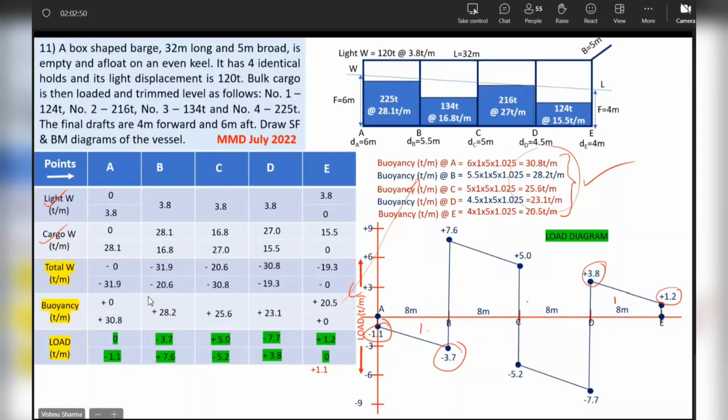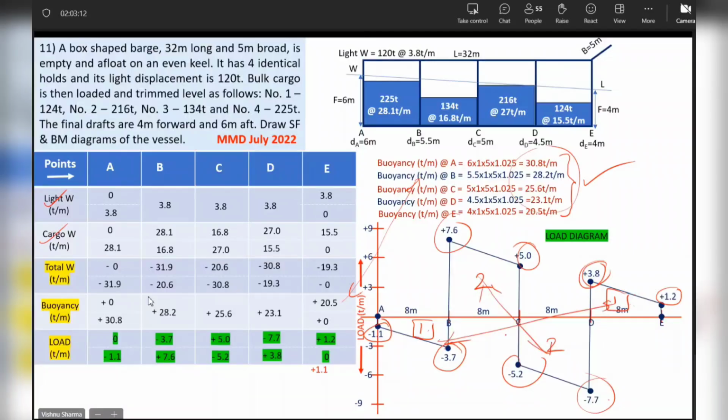Otherwise, by looking at the diagram, you can see that these two areas should have been equal, so these values should have been the same. Likewise, these two areas: this is 5, this is 5.2, this is 7.6, this is 7.6, 7.7, 7.6. Basically, these two areas are to be the same and these are to be the same.